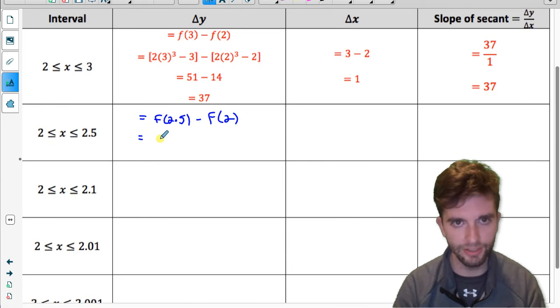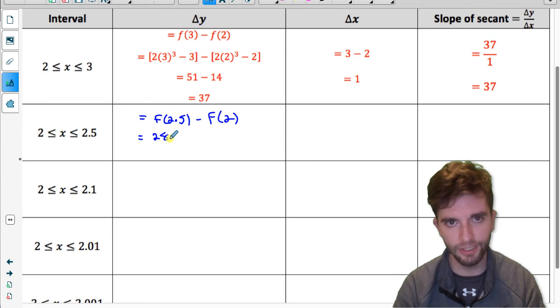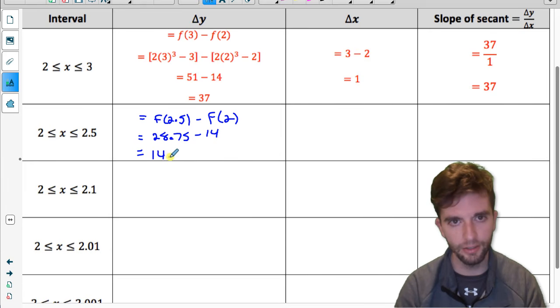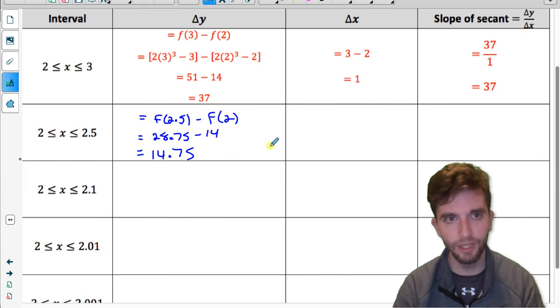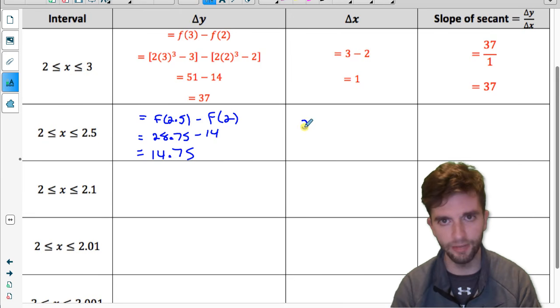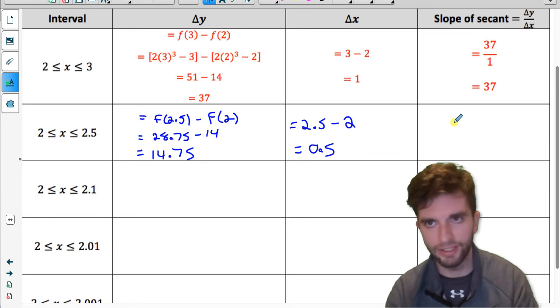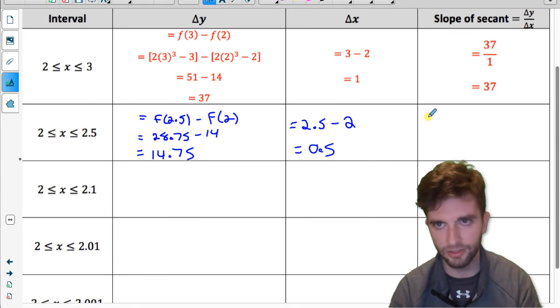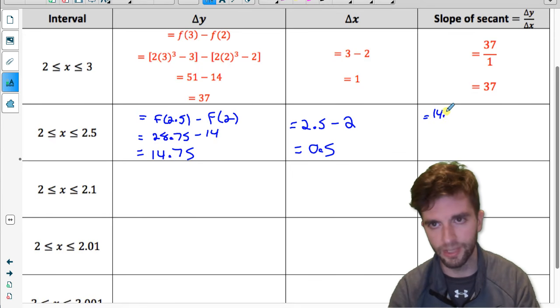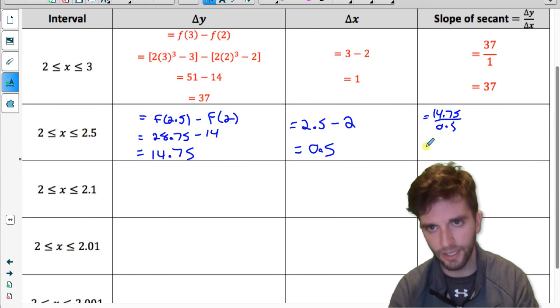If I plug this one into the equation, Desmos gave me 28.75, and f at 2, well, we calculated that already, that is 14. So the change in y is 14.75. My change in x, do 2.5 minus 2, and I get 0.5. So now I need to do change in y over change in x. So I'll do 14.75 divided by 0.5, and I get 29.5.